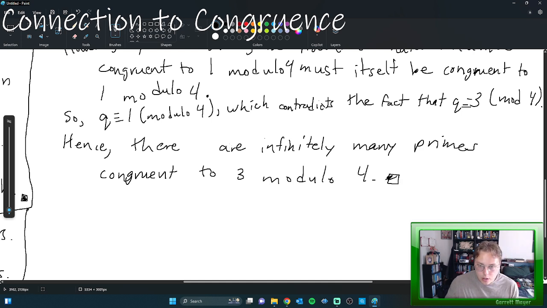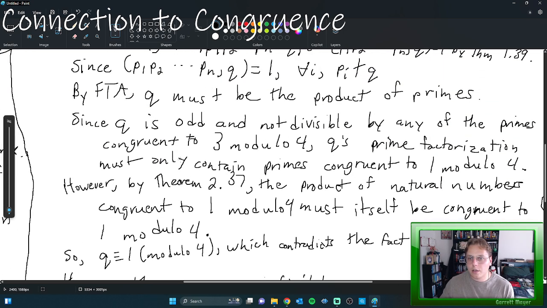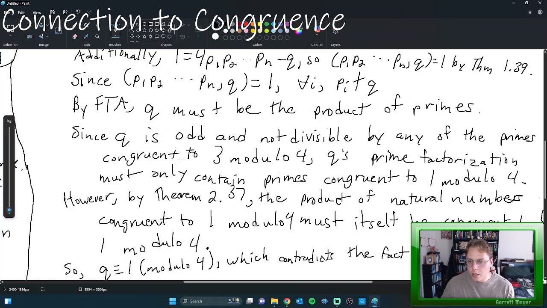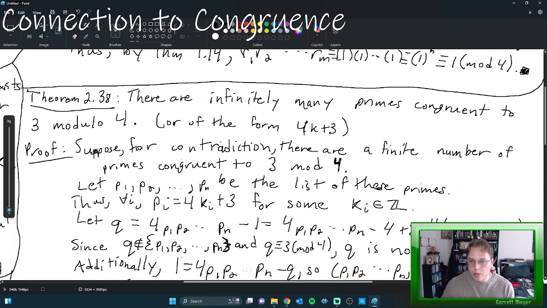And that is our proof. Okay, so that is that next proof. So what we've seen here now is that not only are there an infinite number of primes, there's an infinite number of primes that are congruent to 3 modulo 4, that have this certain congruence relationship, that are in this certain congruence group.